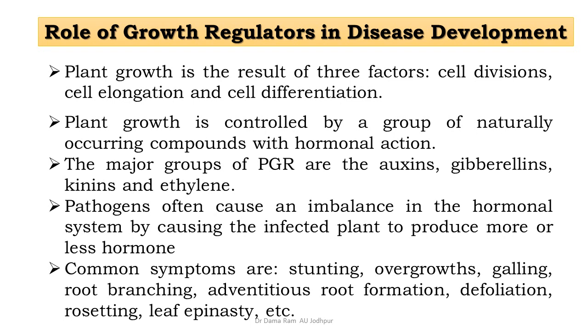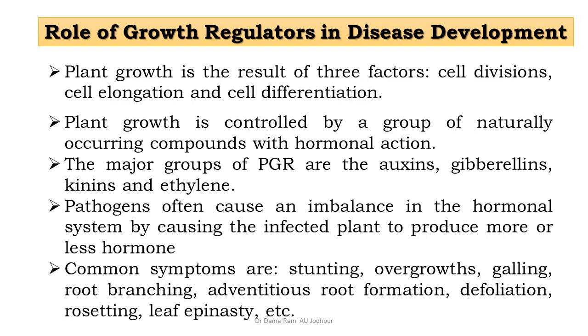These growth regulators imbalance the hormones in plants and cause hypertrophy and hyperplasia in plant tissues, which may lead to stunting of the plant, excessive root branching and excessive foliation.